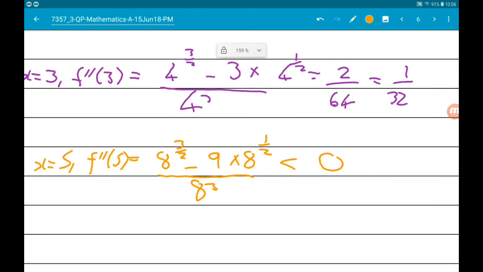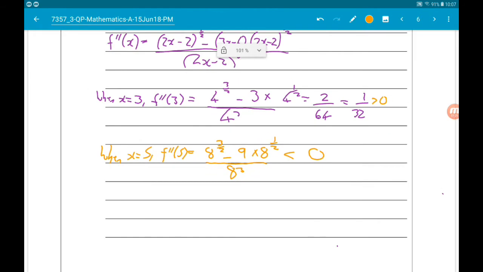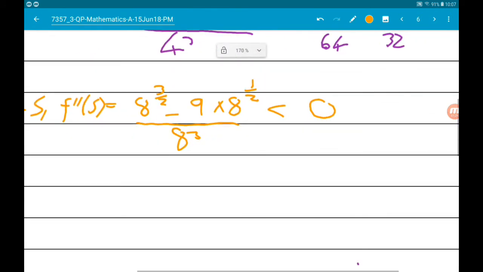So, what's happened is we've gone from a region where the second derivative is positive, so 1 over 32, to a point where it's equal to 0, to a point where it's now negative, so it's less than 0.